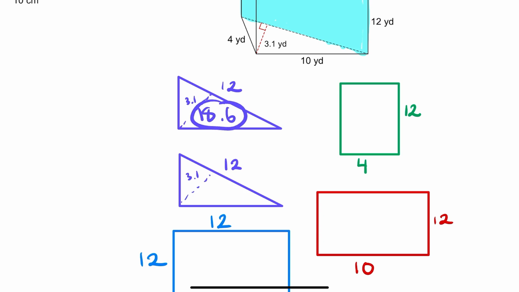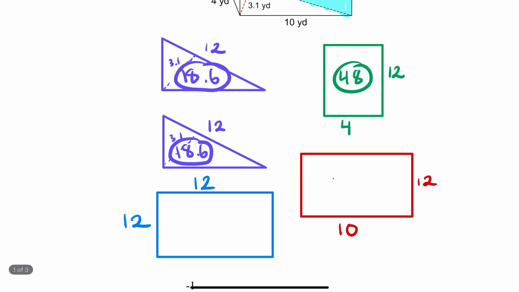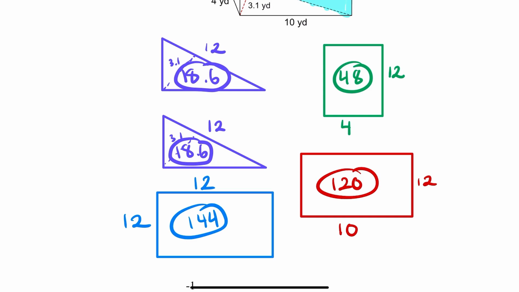And if that's 18.6, this is 18.6. Done with the triangles. Going to move on to the green 12 by 4. 12 times 4, the area covered there is 48. Moving on to the red 12 by 10, that's 120. And then I'm moving on to the 12 by 12, which is 144. Cool, found all the areas of the surfaces.